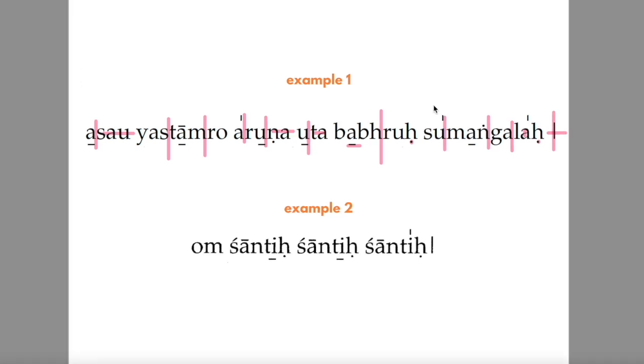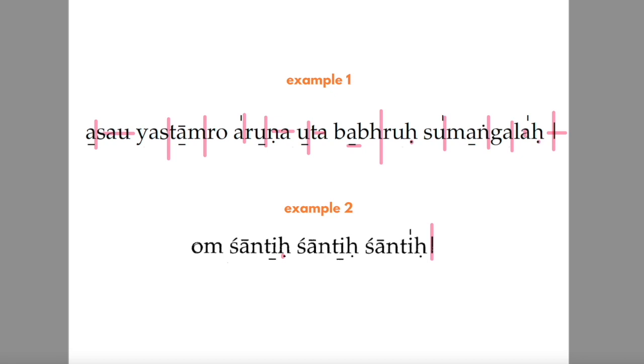Now look at a very familiar, beautiful verse, which is the concluding verse of all prayers. Om Shanti Shanti Shanti. What we can notice immediately from the previous examples and rules that we went over, there's a visarga and there's also a vertical long line indicating the end of that particular verse.